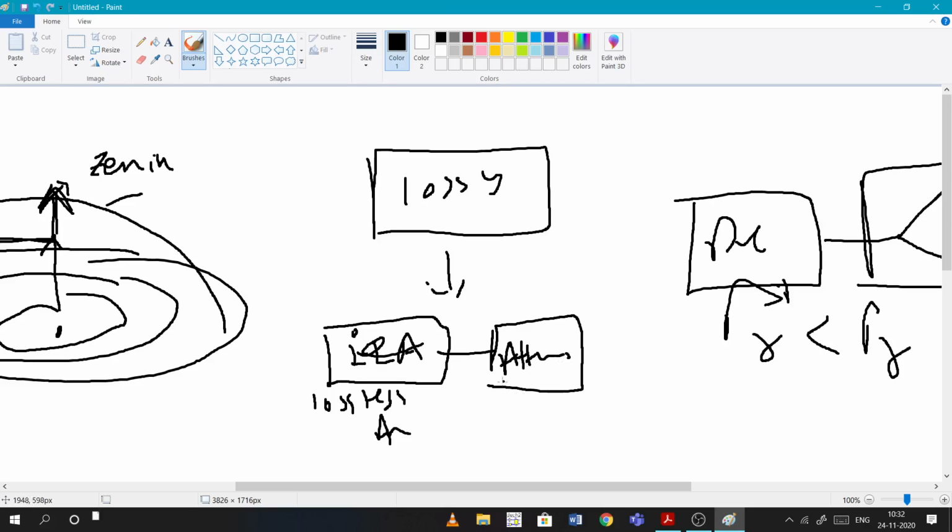Let's say the attenuator has a gain L, that is 1 by eta radiated. So we can represent it in terms of a lossless antenna, but we should add another block called an attenuator.